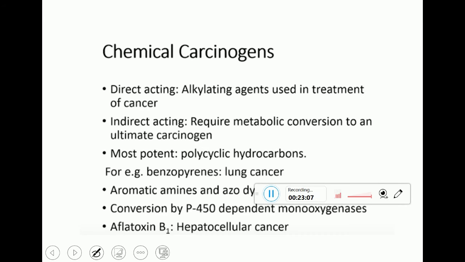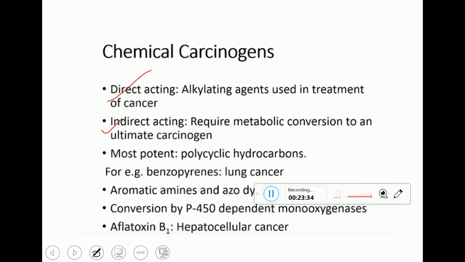Now we can better understand chemical carcinogens from this slide. Chemical carcinogens have been divided into two parts. First is direct acting, or indirect acting. What do you mean by direct acting? Once a particular human is exposed to an agent, and if it is a direct acting agent, then it will not need any further processing steps.